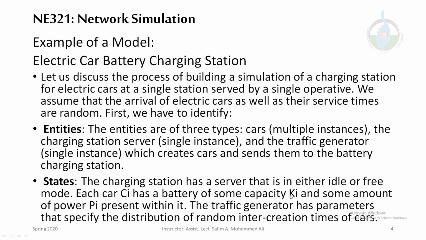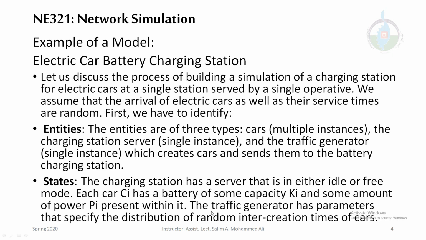The capacity that it's in the car, we all know that if you are going to charge at the charging station, you don't have to have zero energy or zero capacity. Usually you will have 25 or 20% of the overall capacity of your battery when you are going to the charging station, and you have some power Pi present within it.